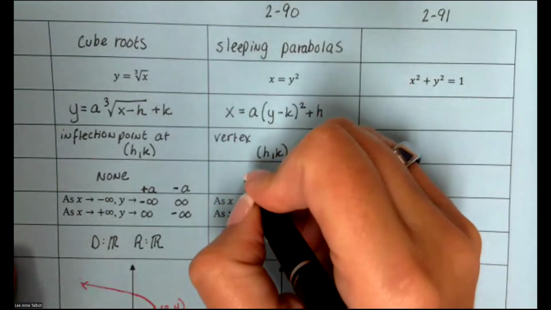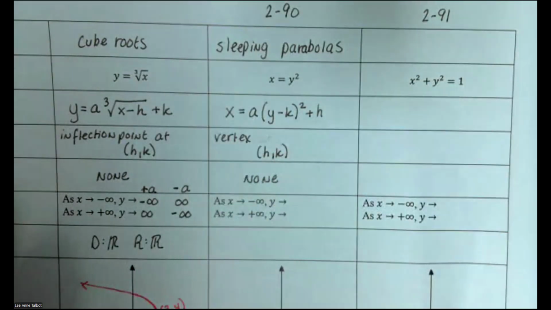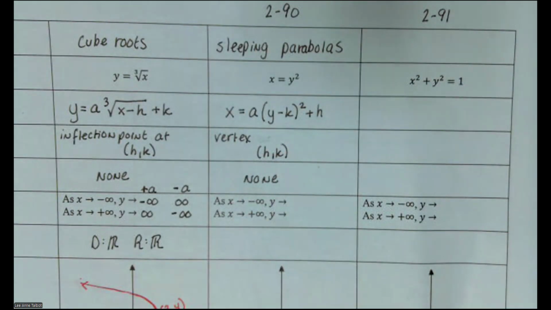And thank goodness there are no asymptotes. That would be even more horrible. Okay, pausing there. Anything you want to say about those first four boxes?